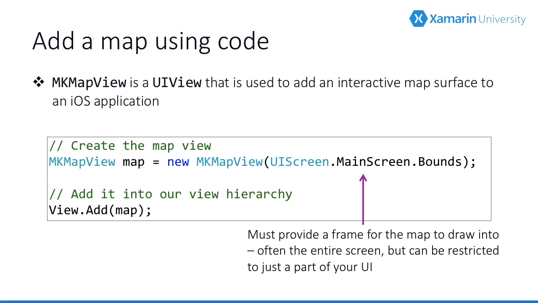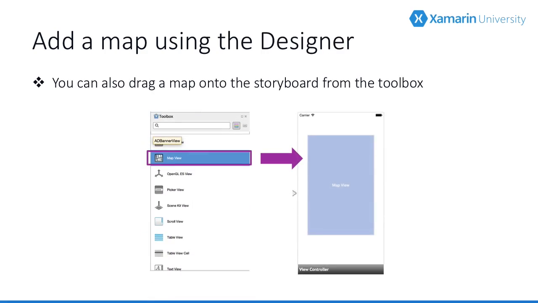Now, of course, if we're going to be moving our screen around, rotating it, using it on different size devices, we're probably going to actually want constraints rather than just static bounds. But for right now, we've instantiated it with some static bounds, and then we've added it to our root view. On the other hand, if we want to add our maps through the designer, that's as easy as dragging it from the toolbox and dragging it onto one of our views.